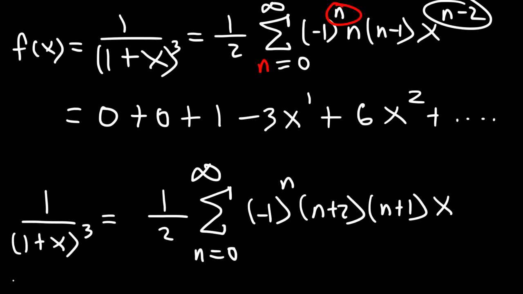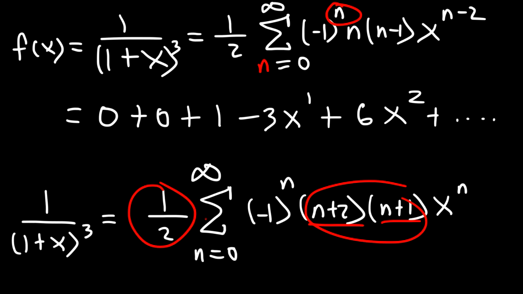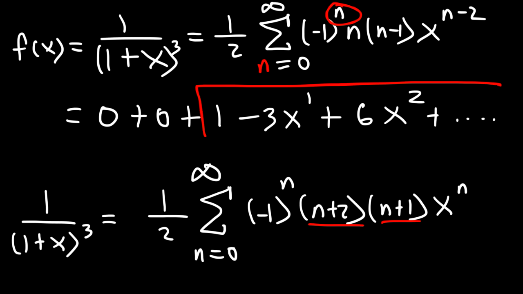N minus 2 plus 2 becomes just n. Now, if we plug in 0, 0 plus 2 is 2, 0 plus 1 is 1. So this is 2 times a half, and then x to the 0 power is just 1. 2 times a half is 1, so that's going to give us the first term.